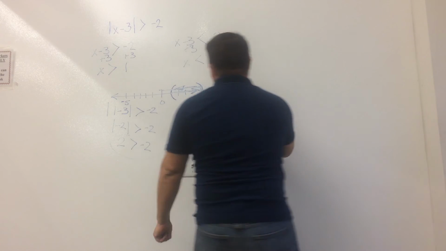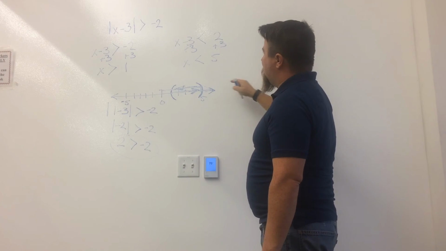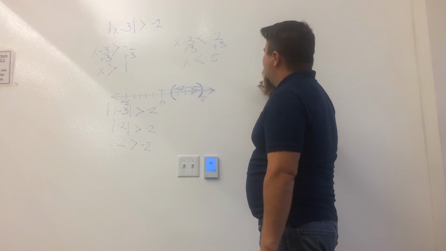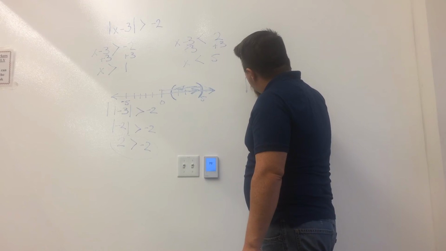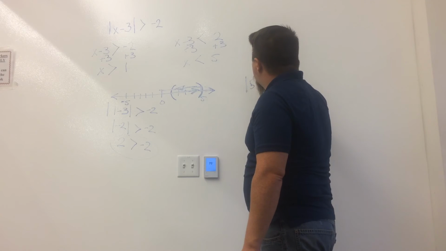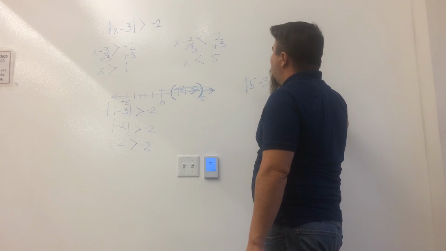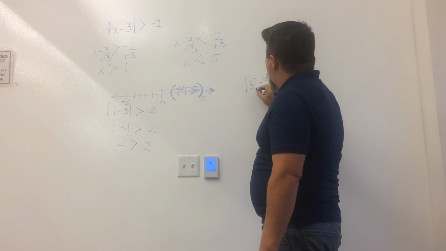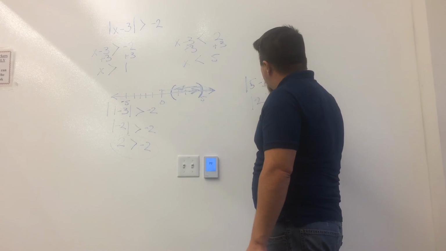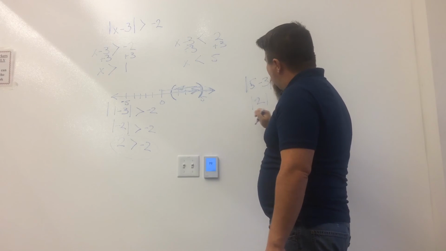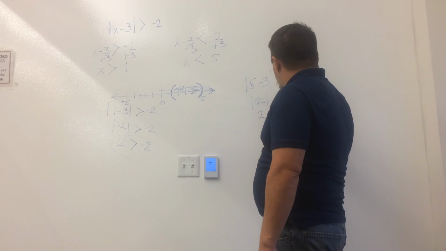And then over here we have x is less than 5, so we're going to put 5 in there. So the absolute value of 5 minus 3 is greater than negative 2. And then 5 minus 3 is positive 2, and the absolute value of positive 2 is 2 away from 0, so 2 is greater than negative 2.